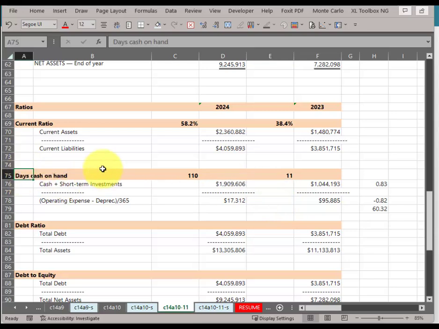If days cash on hand was critically low, and it was indeed critically low, a lot of people's knee-jerk response is that cash is the problem, we need more cash. When indeed half of the problem was that daily burn rate instead. So, like I said, I know it's a little bit into the weeds, but knowing a little bit about the ratios lets you see that there are multiple ways to solve a lot of the problems.